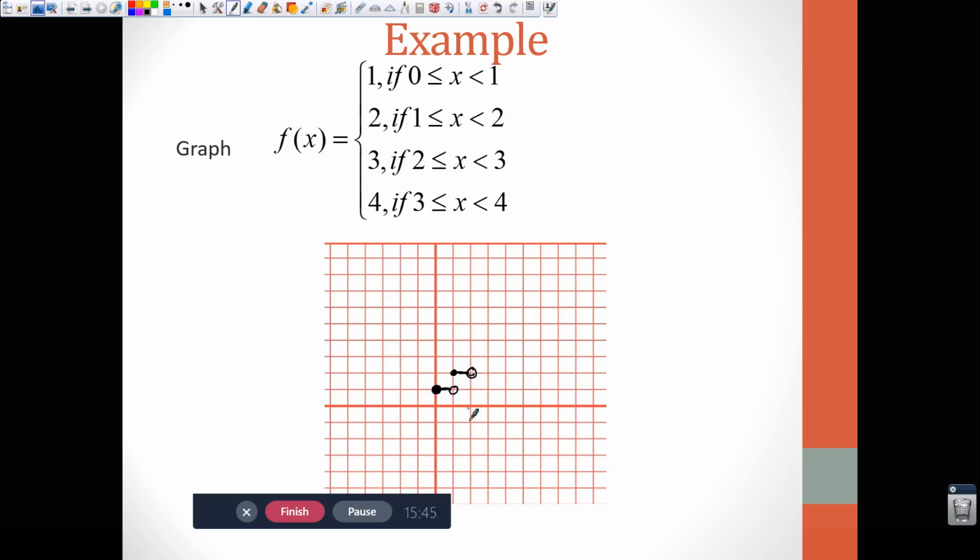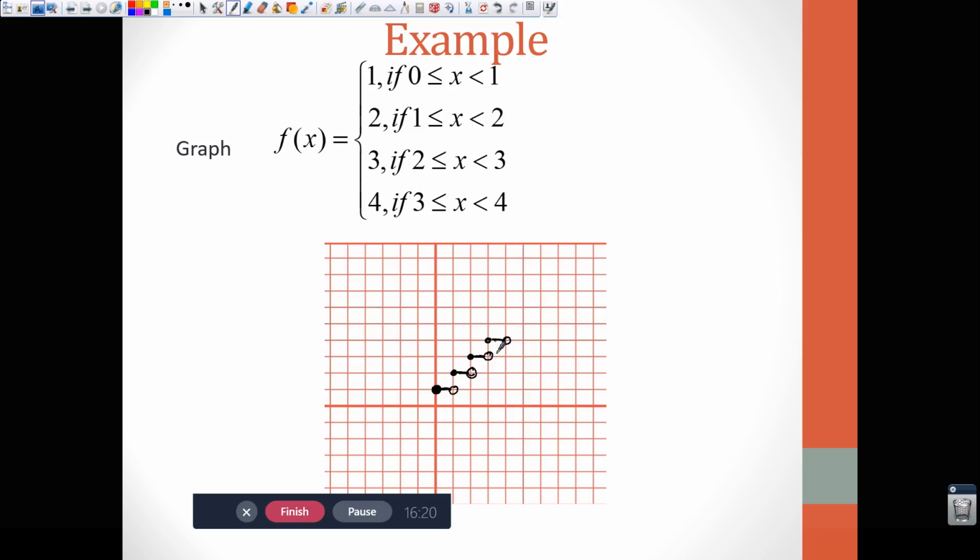So then at 2, we're at 3, so 2, 3, closed circle, and it is greater than, and at 3, we're at 3, and it is an open circle, and we're less than. So x is at 3, it is at 4, so 3, 4, and it is a closed circle because it is greater than or equal to. And then we are at 4, 4, and it is an open circle because it is less than. And there you go.